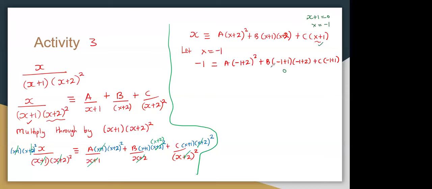And anything with a 0 means that the whole of this one is going to go away. Here you'll also get a 0, so everything will go away. So I'm going to remain with -1 equaling a into (-1 plus 2), which gives us 1 squared. So that means I'll have -1 equal to 1 squared, which is 1, times a. So I'll have my a as -1. I don't know whether you're getting -1 or not.